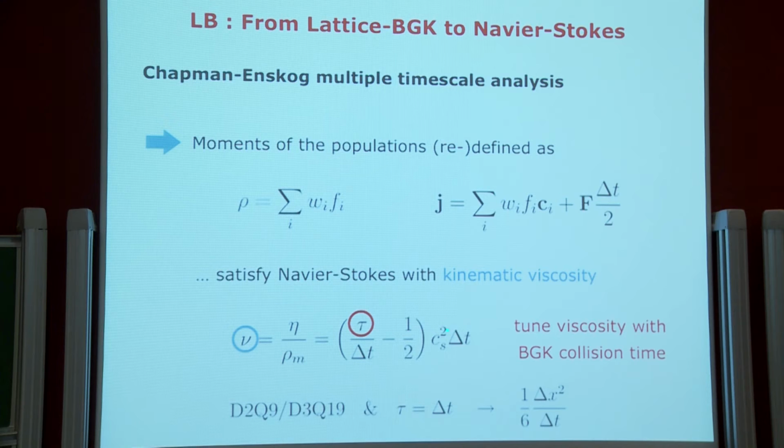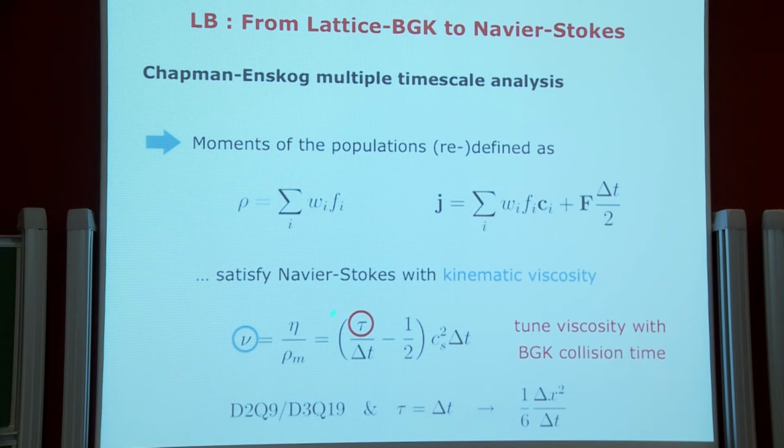And it's directly related to the parameters of your lattice models, that is the speed of sound squared times the unit time step. So you can see that's the square of the velocity times the time. So it is indeed a length squared divided by a time. So it is a diffusion coefficient, as you would expect for the kinematic viscosity.